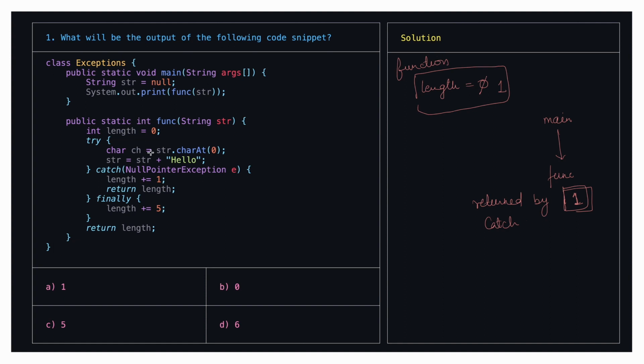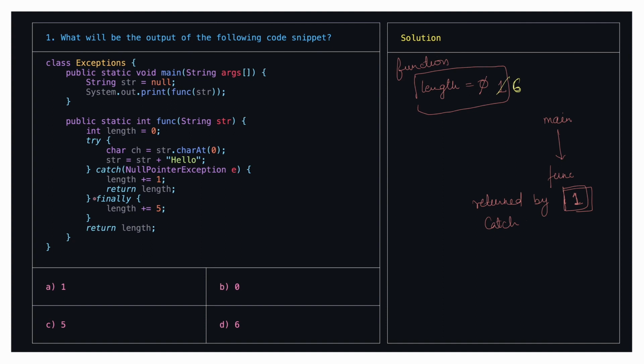Now what does the finally block say? After try and catch, the control goes to finally block. Now finally block is saying to increment the length by 5. That means the value will get incremented and it will become 6. Right? Now, is there any other statement inside finally block? No, there is no other statement inside finally block.